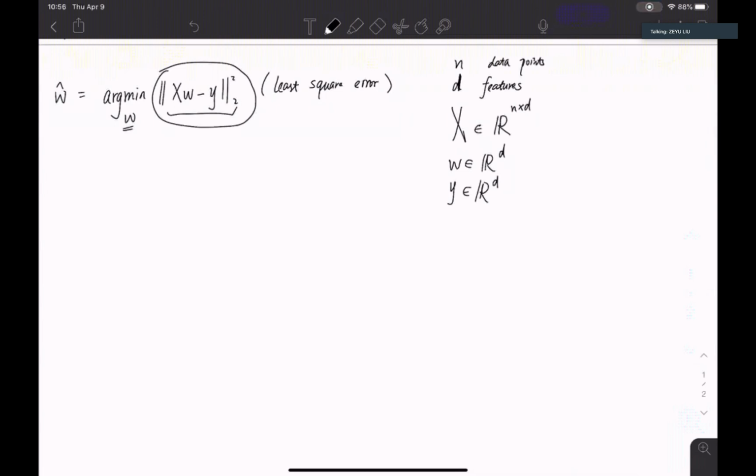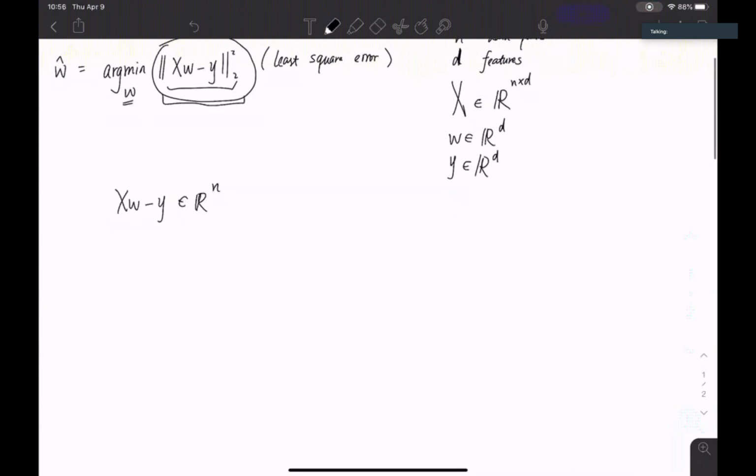Oh, and also note that XW minus Y is in R^n, because n by D times D by 1 minus n by 1.